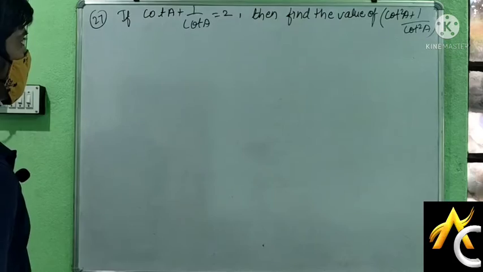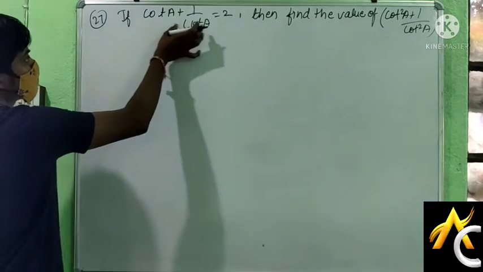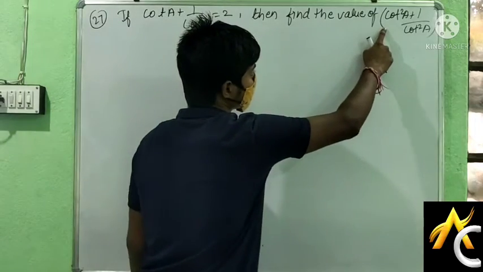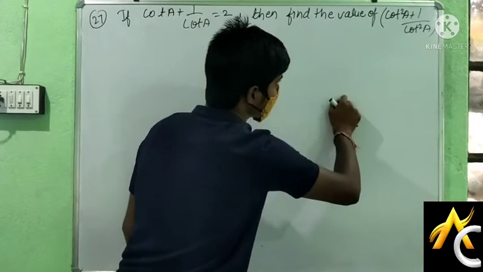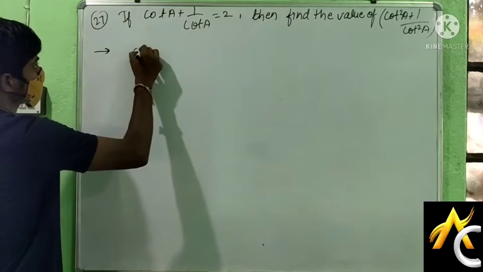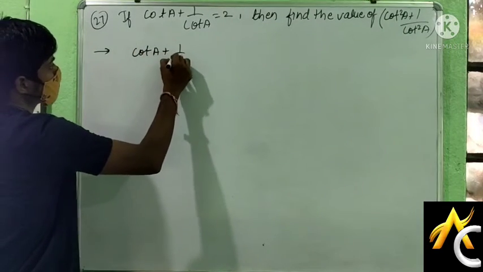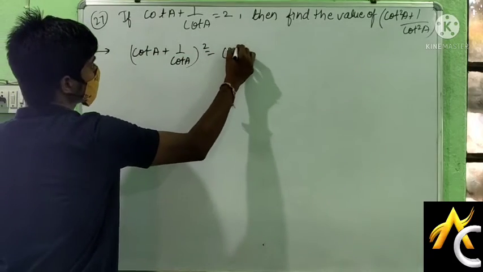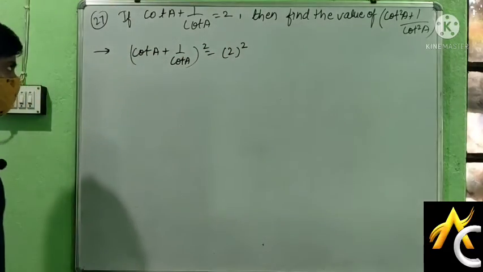Okay. Now since it is given that cot A plus 1 by cot A equals 2, and we have to find cot square A plus 1 by cot square A, squaring both sides, it will be (cot A plus 1 by cot A) whole square is equal to 2 square, right?